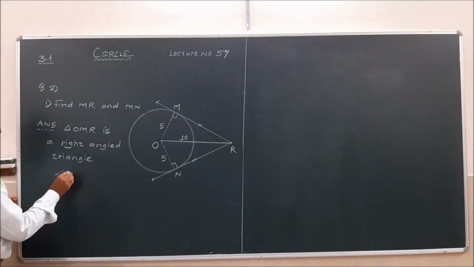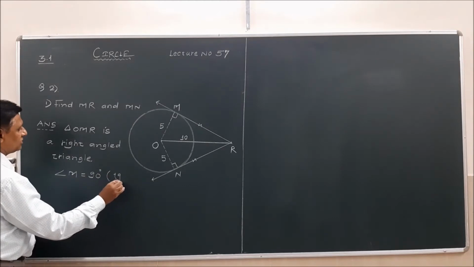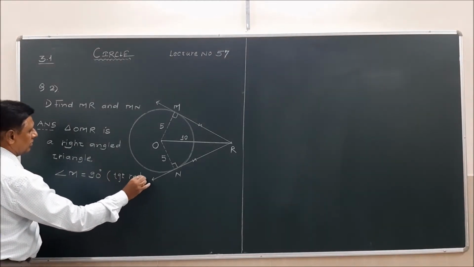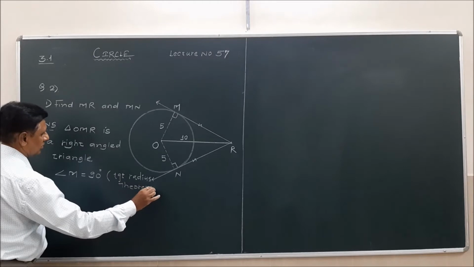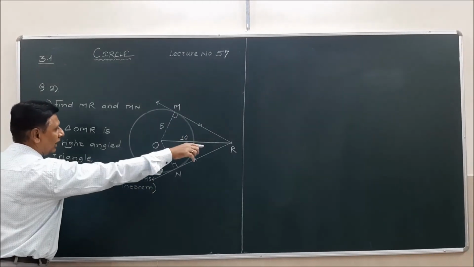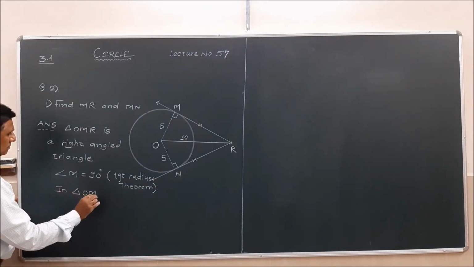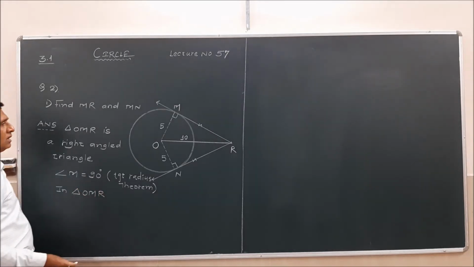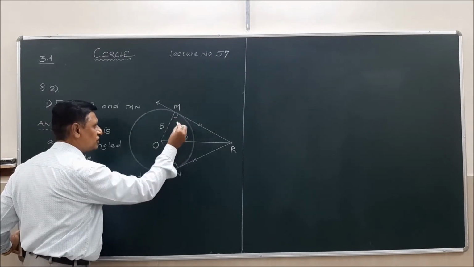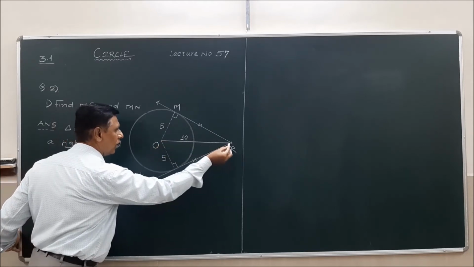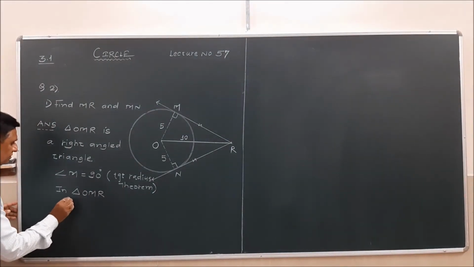Angle M is 90, tangent radius. In triangle OMR, since you all know this is 90 degrees, OR is opposite to 90 degrees, therefore OR is the hypotenuse.